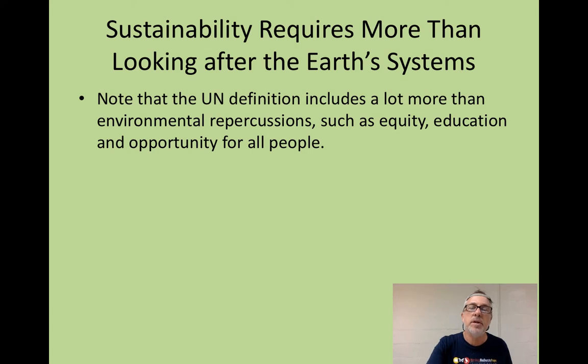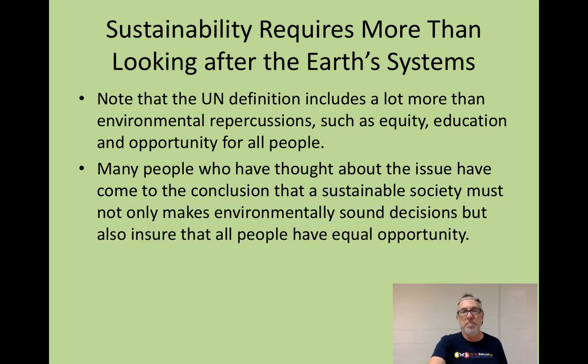And people who have thought about the issue of sustainability have come to the conclusion that a sustainable society must not only make environmentally sound decisions, but also ensure that all people have equal opportunity. In other words, as the title of this slide says, sustainability requires more than looking after the Earth's systems.